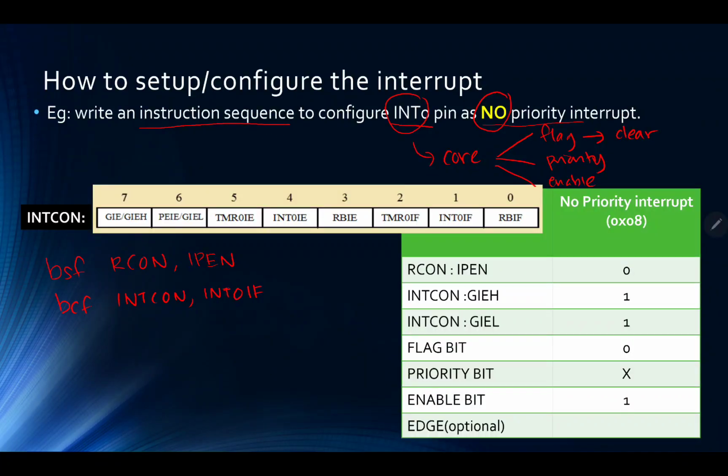Sorry, I think the annotation from the example was forgotten to be deleted. So let's say write an instruction sequence to configure INT0 pin as no priority interrupt.